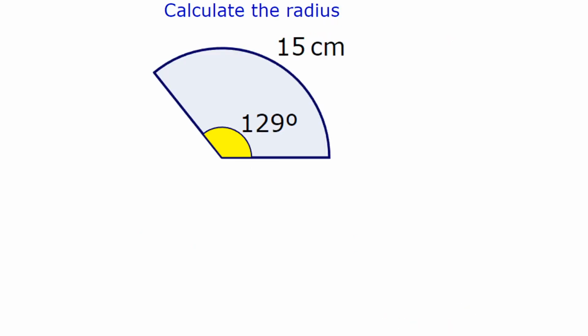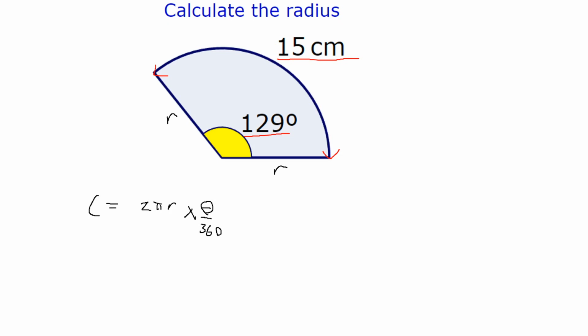What about if we're told to work backwards? This time we're told that the circumference, or sorry, the arc length is 15, and we have a theta of 129. So how are we going to work out the radius r? Well, what did we say? C is equal to 2 pi r times theta over 360.